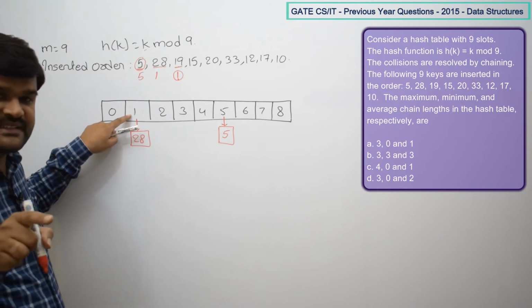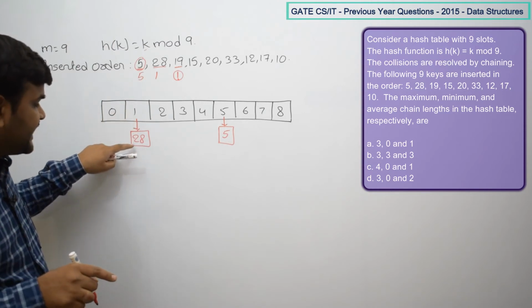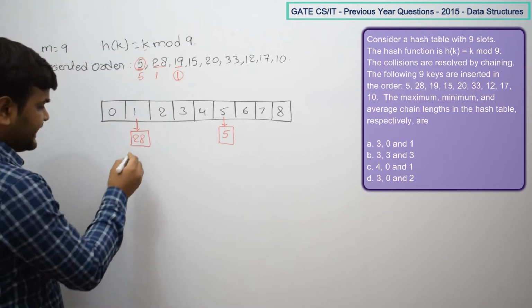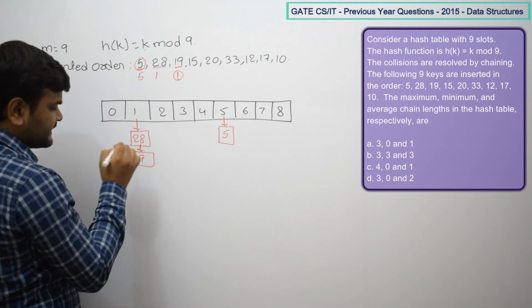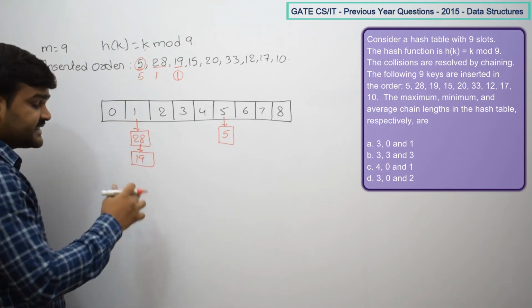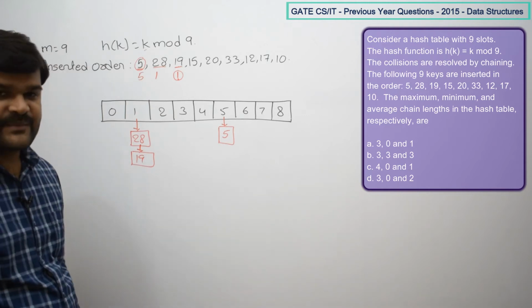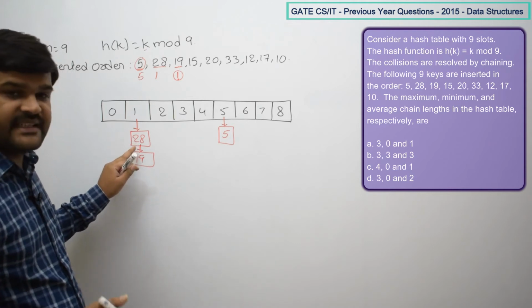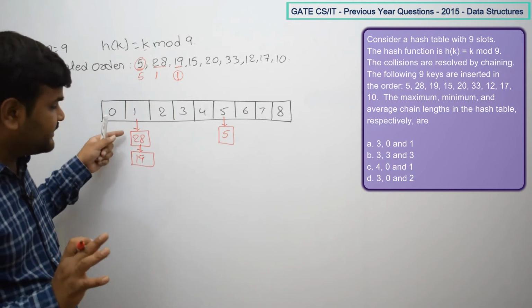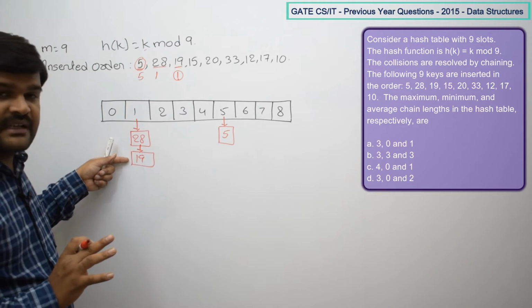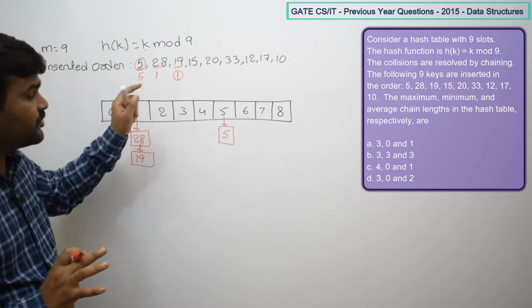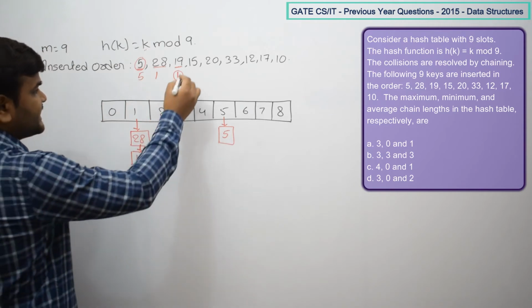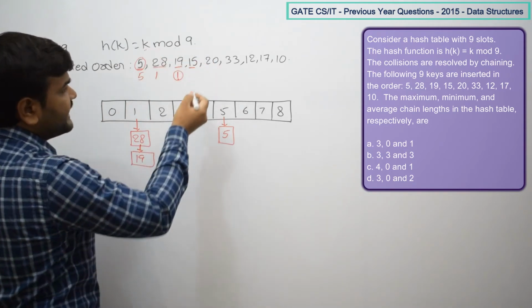If you have a collision, simply traverse up to the end of the chain and add the new element at the end. That is the chaining concept. If you already have elements, there is no problem.